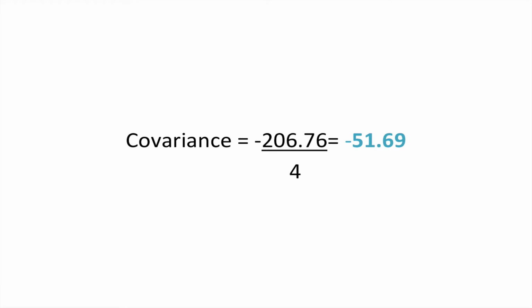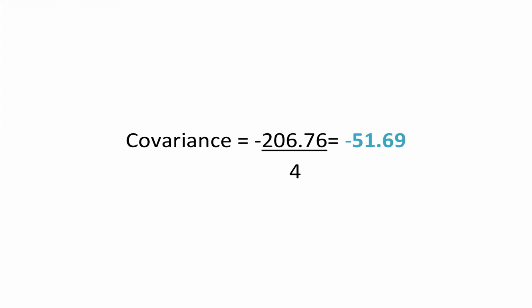It's basically like calculating any mean: you take the total score and divide it by the number of people. So our covariance is minus 51.69. We're using that as a stepping stone to calculate the correlation coefficient, because a lot of people are more familiar with that, but the covariance is meaningful in itself.